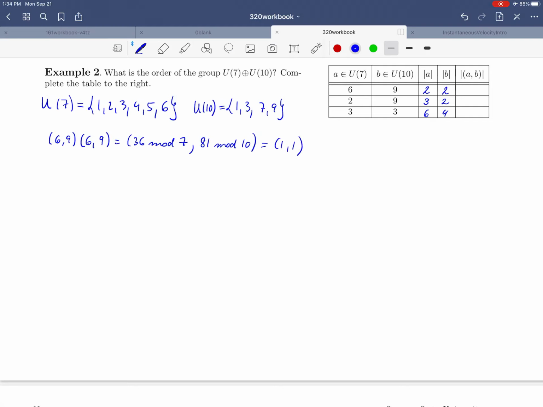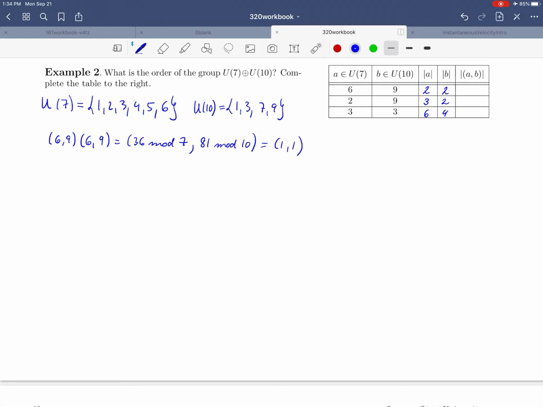All right, next one. You may want to pause the video and do the work yourself, and then you can compare with my work. So let's just brute force compute our powers. When I'm starting with powers of 2, 9, I get 2, 9. If I square, I get 4, 1. If I cube, I get 1, 9.